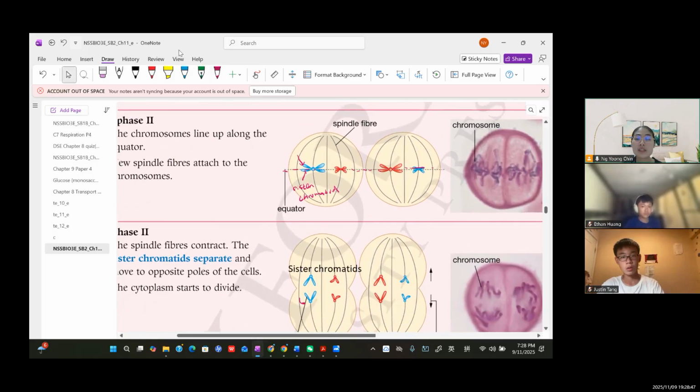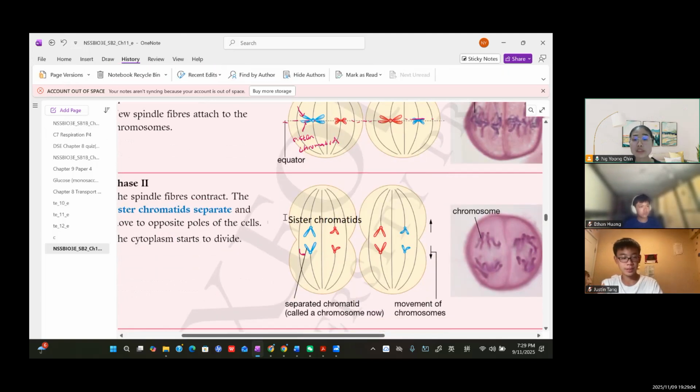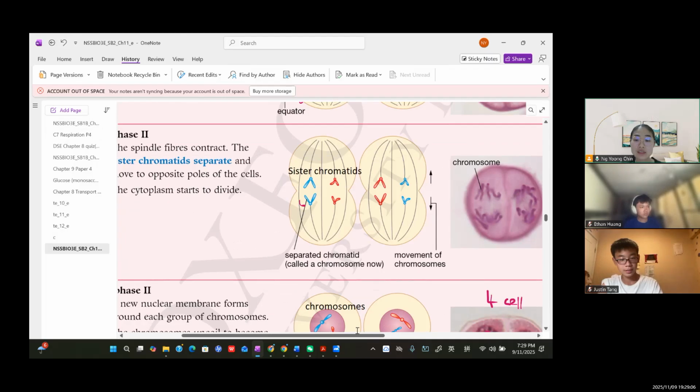What is meant by sister chromatid is that the chromosome has another duplicated form, another copy, the same copy. So that's why they are just attached to each other. So this we call sister chromatid. So they actually separate the sister chromatids like this.